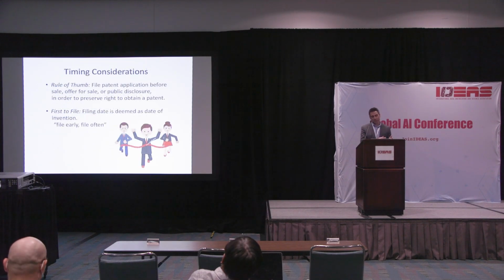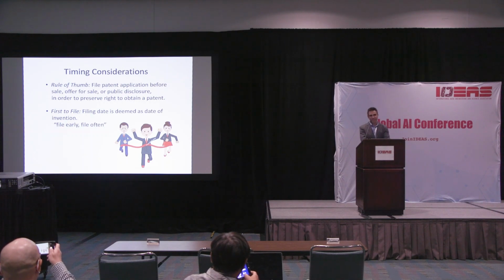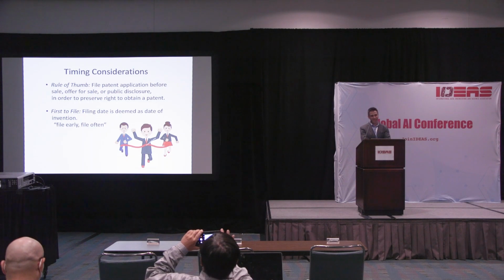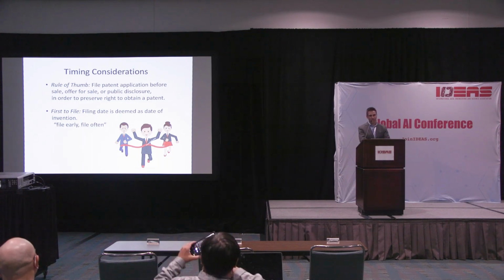And then kind of generally talking about patents and timing considerations, when is a good time to file a patent application, when is not a good time to file. The rule of thumb is that you need to file your patent application before a public disclosure.